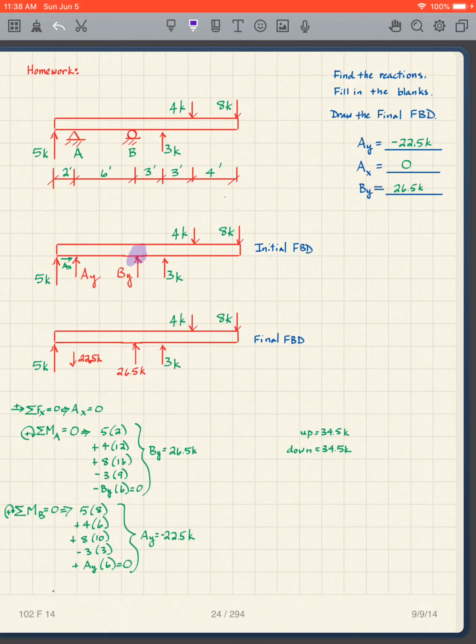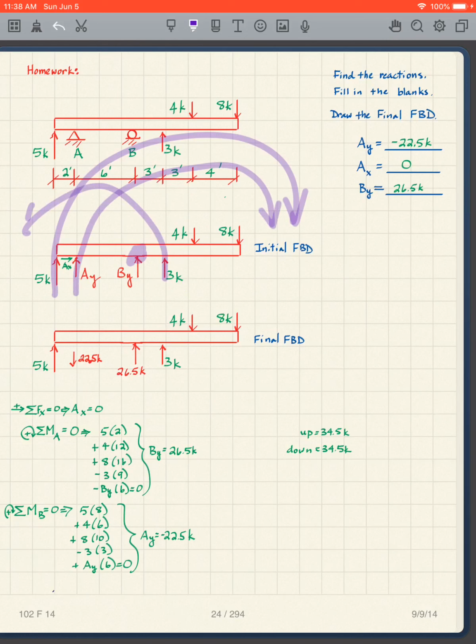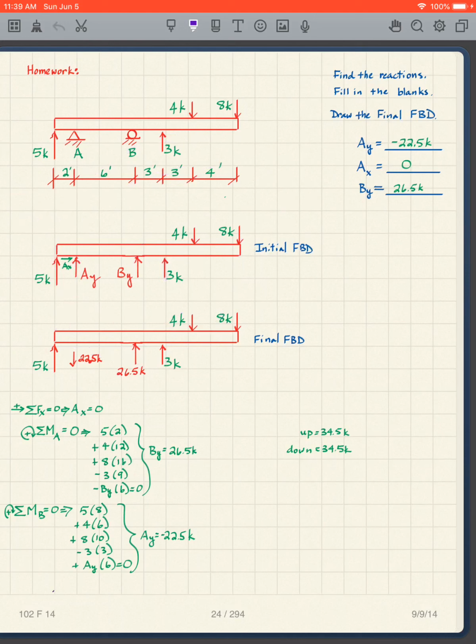And then what are the signs? Clockwise positive, clockwise positive, counterclockwise negative, clockwise positive, clockwise positive. So all that goes into this expression.